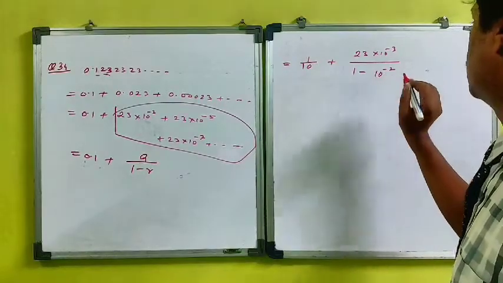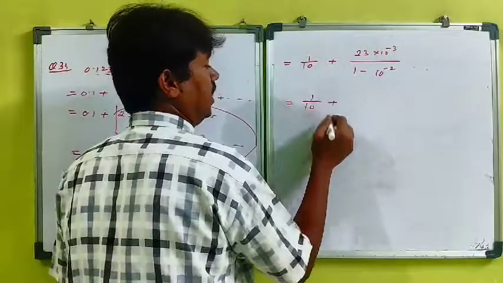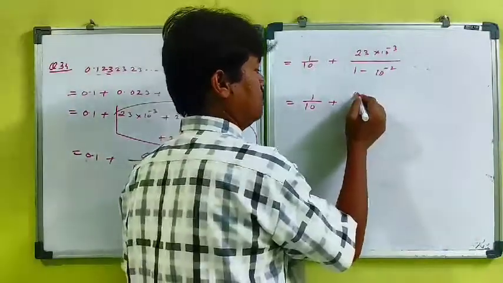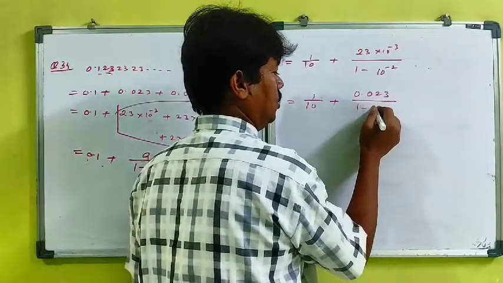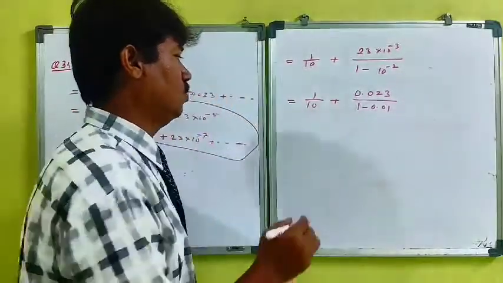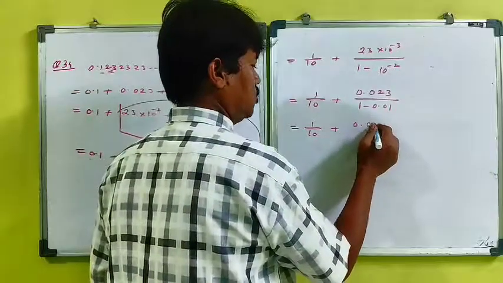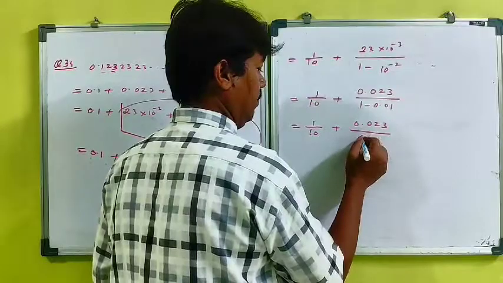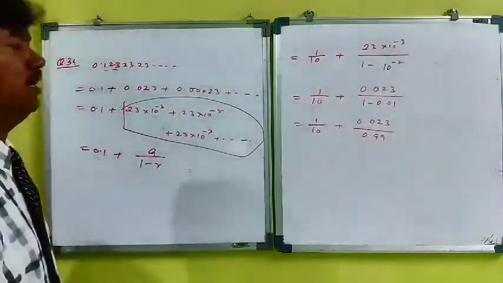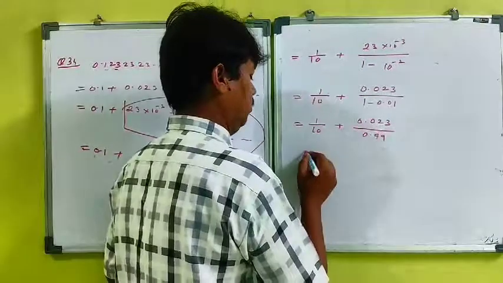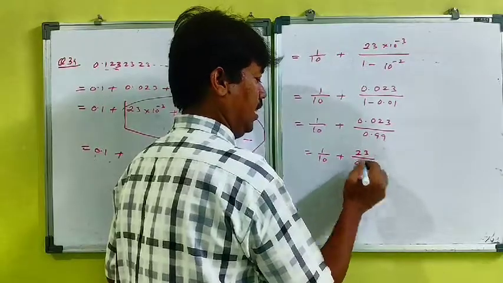So now this is 1 upon 10 plus 0.023, and this is 1 minus 0.01. So it is nothing but 1 upon 10 plus 0.023 divided by 0.99. We multiply with 1000 in the numerator, so it's 1 upon 10 plus 23 upon 990.